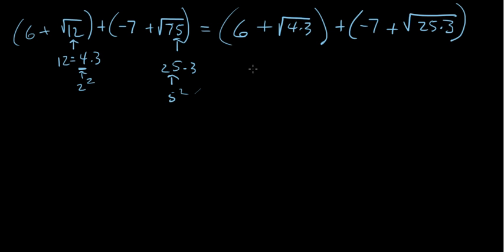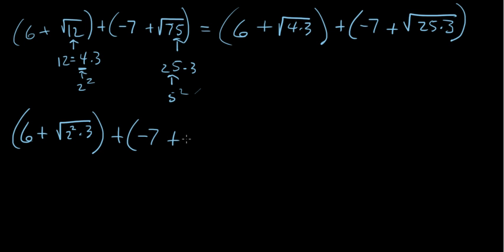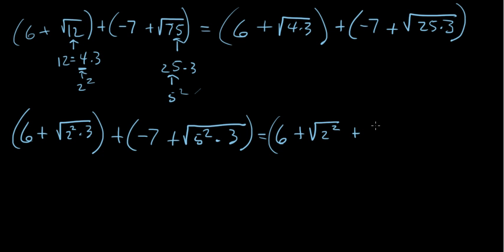What do I end up with? 6 plus square root of 2 squared times 3 plus negative 7 plus square root of 5 squared times 3 equals 6 plus square root of 2 squared, excuse me, that's not a plus, my bad, times the square root of 3 plus negative 7 plus the square root of 5 squared times the square root of 3.